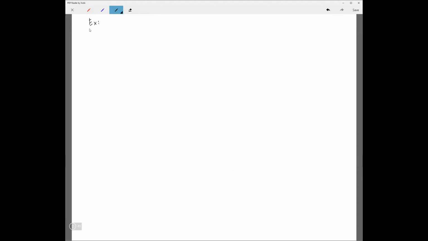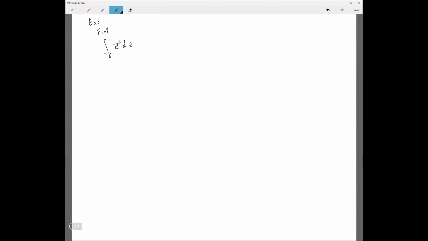So let's see, first one, let's integrate, okay, so find the integral of, I guess I should use the notation that we've been using, integral over gamma of z squared dz.